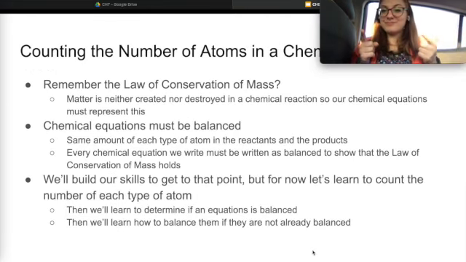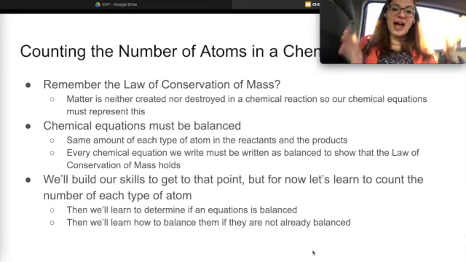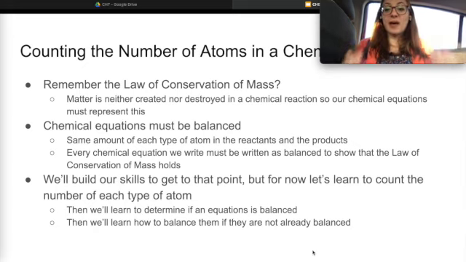So, remember, the law of conservation of mass is back, as always. Matter is neither created nor destroyed in a chemical reaction, so our chemical equations have to represent this so that they are accurately representing the chemistry that we're doing.